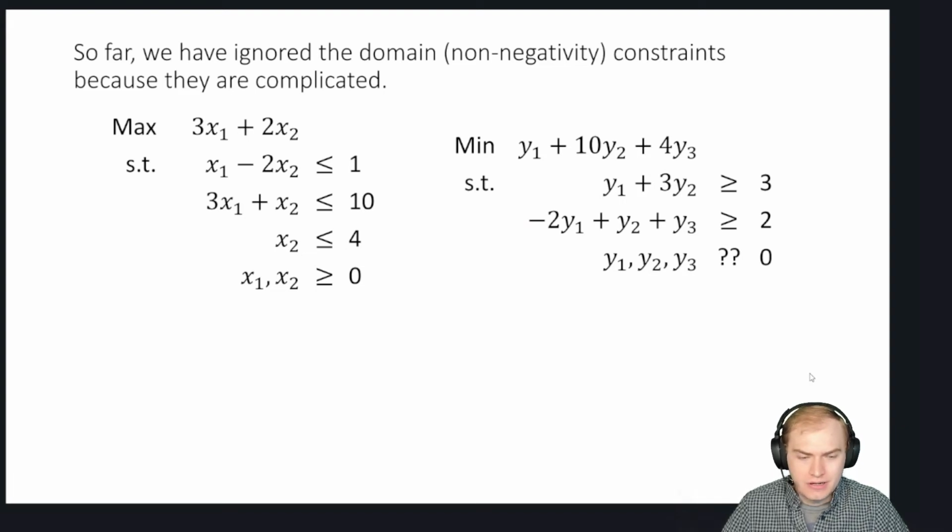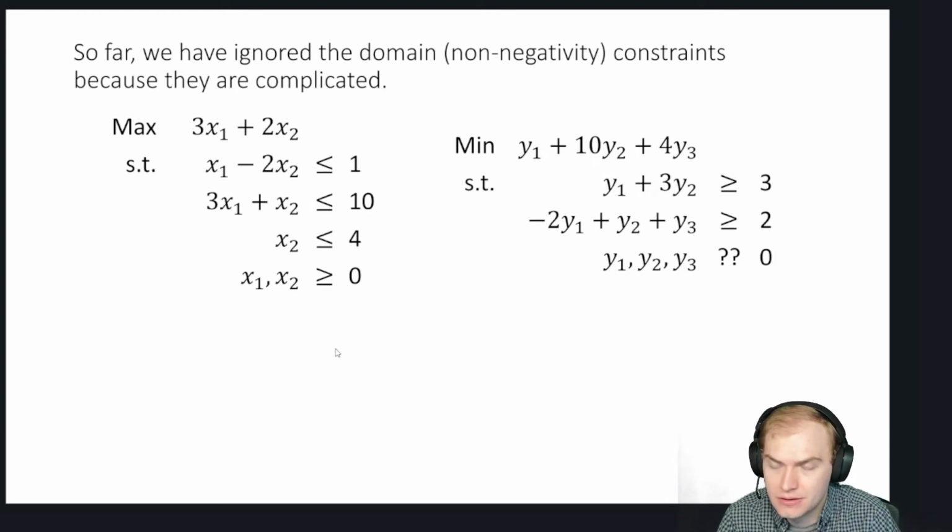So far, like I've said, we've ignored the domain, the non-negativity constraints, because they're a little complicated. So we have to figure this out. So let's think about it. Remember, we wanted to have this relationship. This is back to our example problem and its dual.